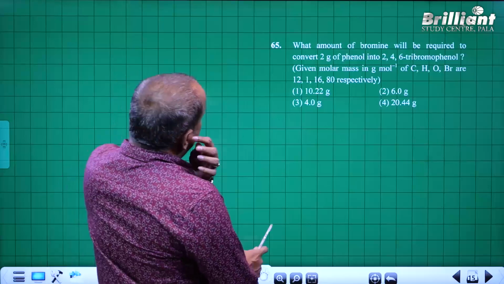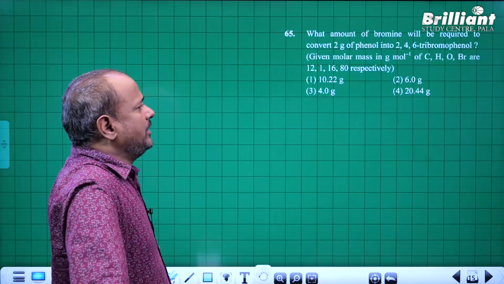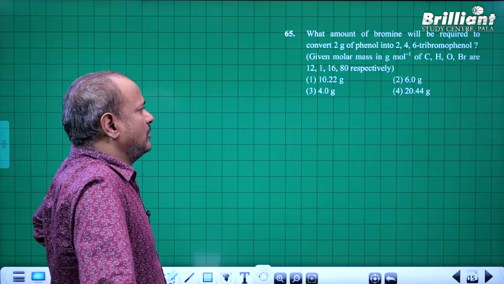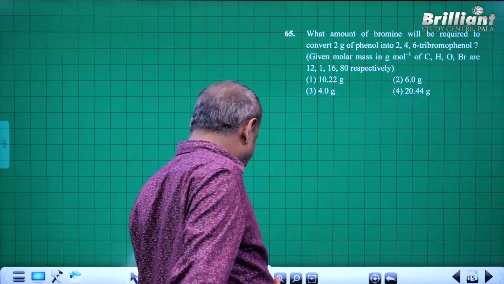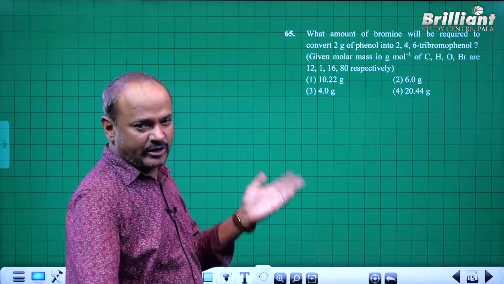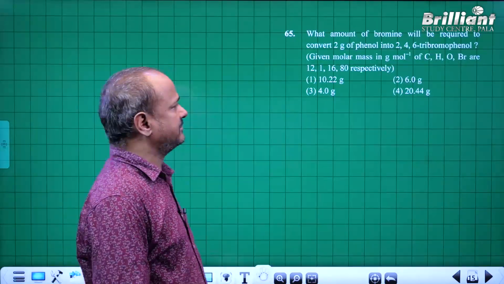Next one, amount of bromine required to convert 2 grams phenol into 2,4,6-tribromophenol. This is one previous question only. So almost all of these questions, many questions are repeated questions, models previously, 21, 22 main questions, just slightly modification given.